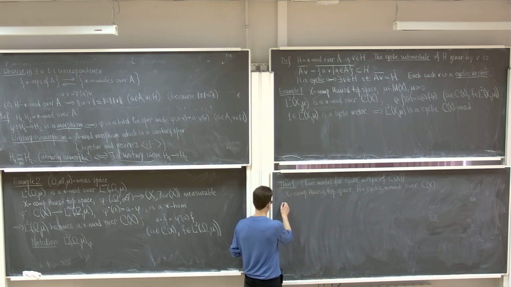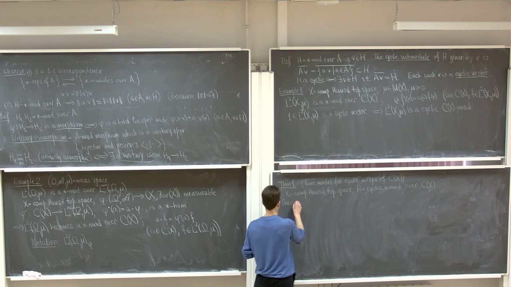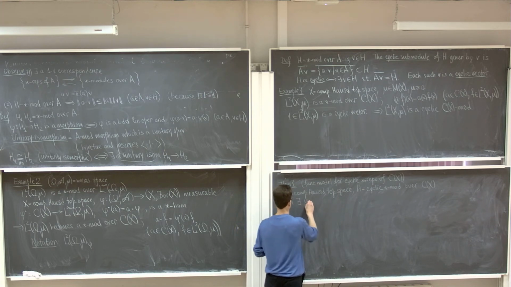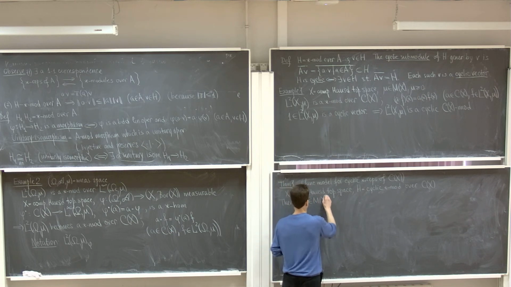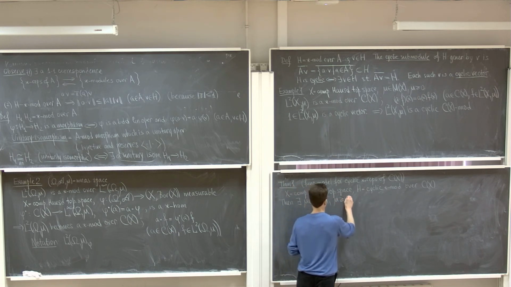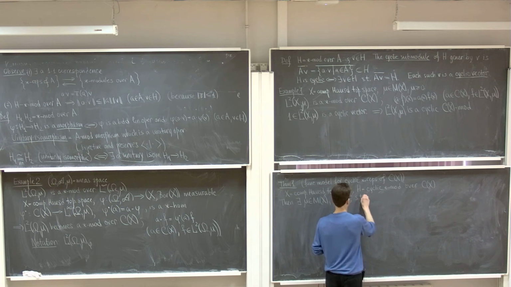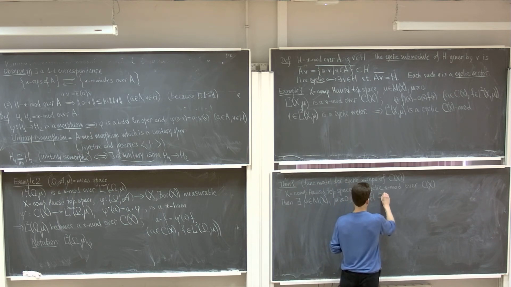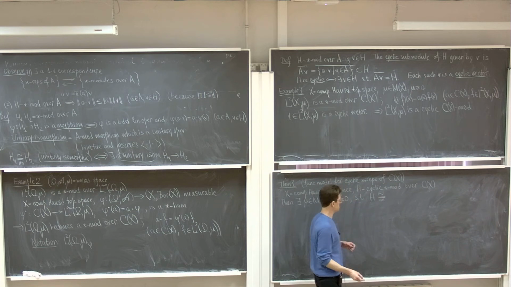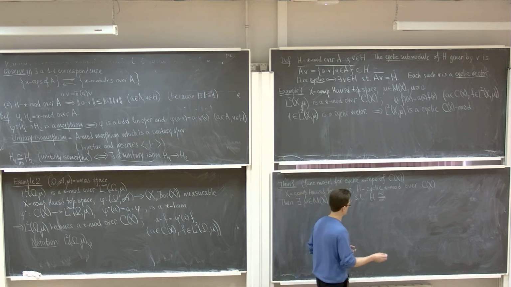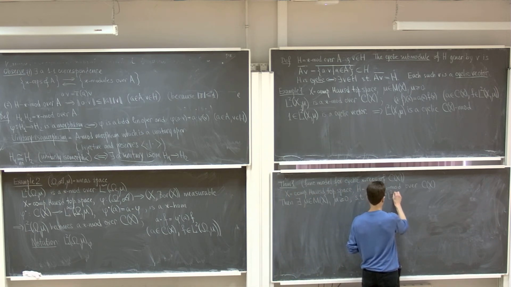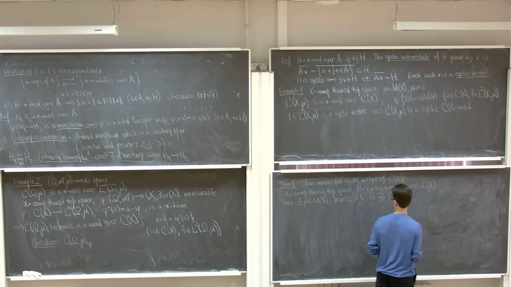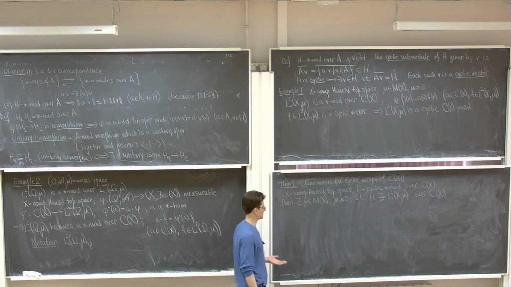I claim that there exists a positive Radon measure μ on X such that H is unitarily isomorphic as a star module to L2(X, μ) over C(X). So in other words, each cyclic star module is described by our example 1.